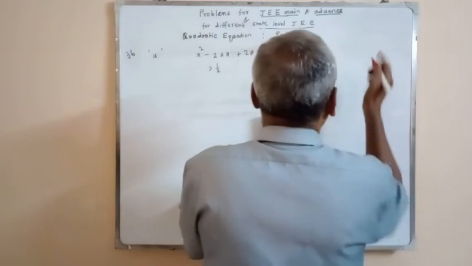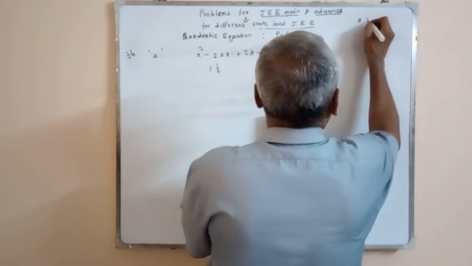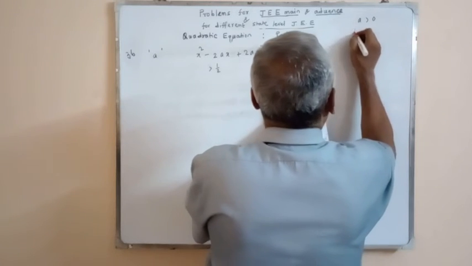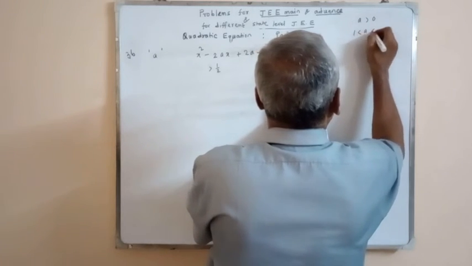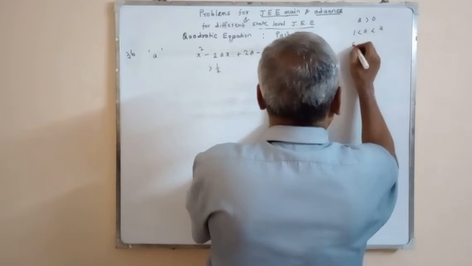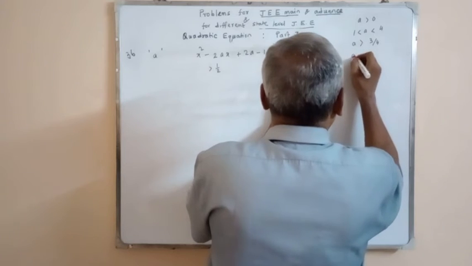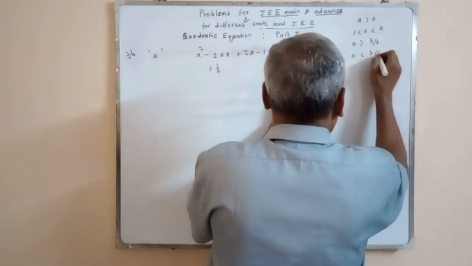Options are: a is greater than 0; next, 1 less than a less than 4; a is greater than 3 by 4; a is less than 3 by 4.